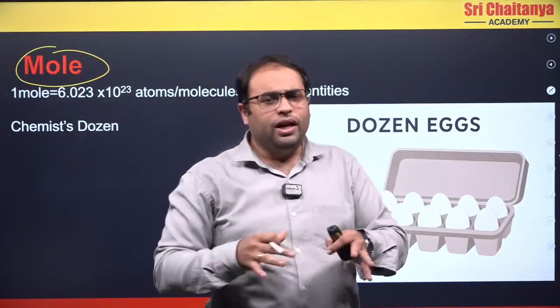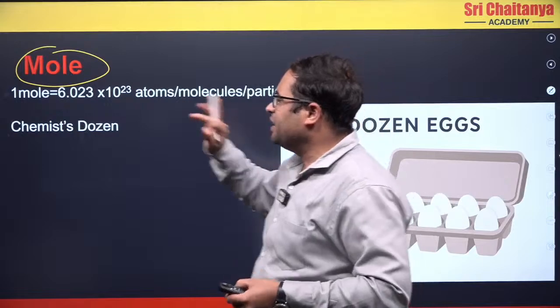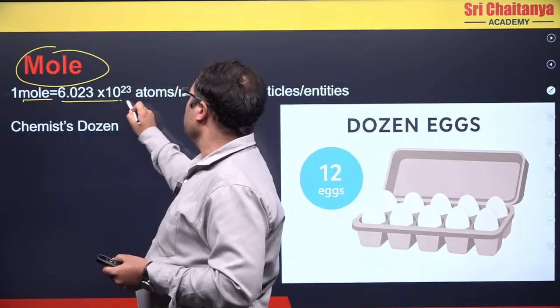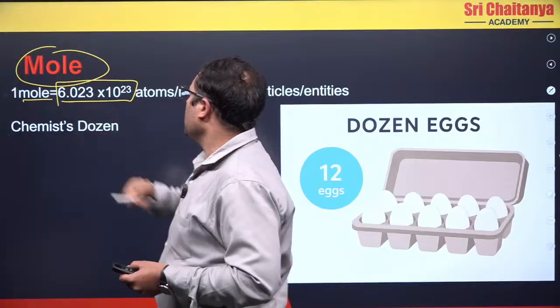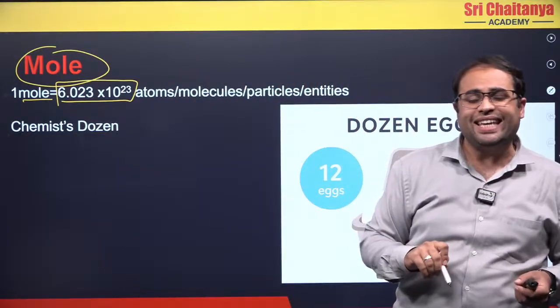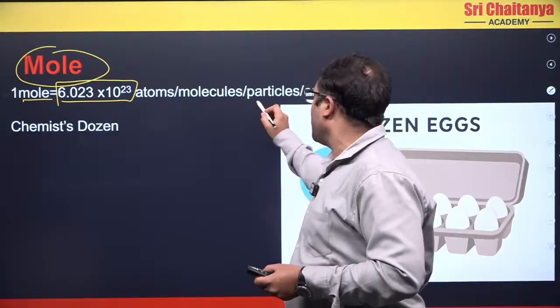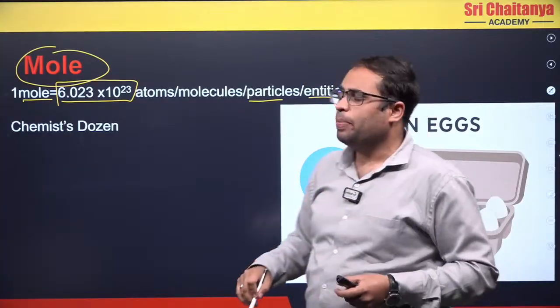Normally, if you see in books, they will tell you that 1 mole equals 6.023 into 10 raised to power 23 atoms, ions or molecules or particles or entities, right?